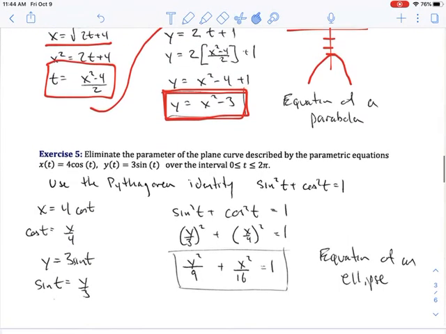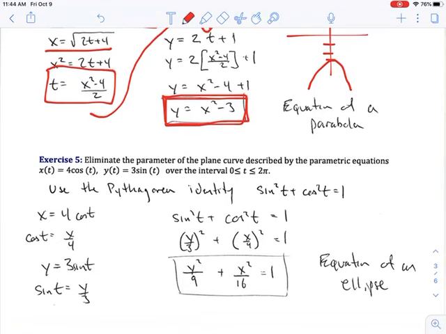In the next example, we have x is a function of the cosine of t, and y is a function of the sine of t. When you have the functions of sine and cosine, you're going to want to try to use the Pythagorean identity.